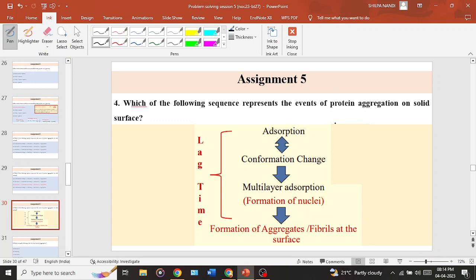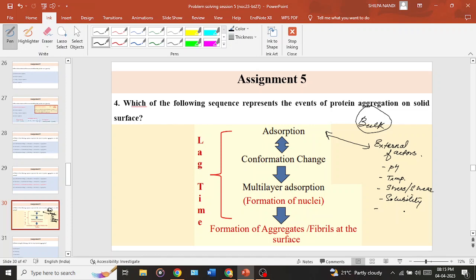So in the case of bulk, this particular adsorption will be replaced by various external factors: pH, temperature, stress or shear, or solubility change, or even ionic strength change.